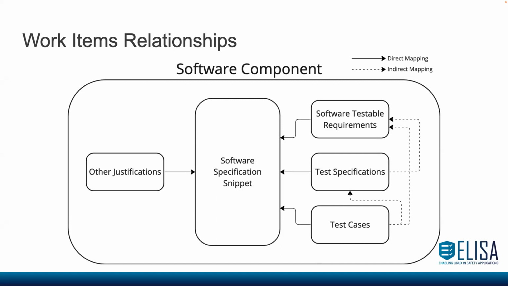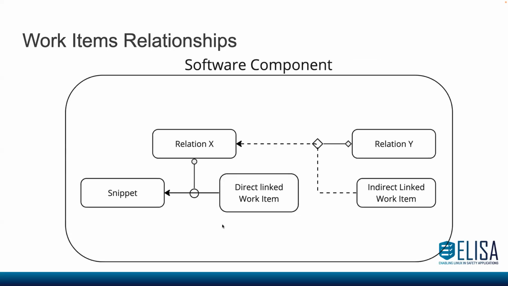For example, we can have a test specification connected to a software requirement that is mapped against a snippet of the software specification. In Basil, such relationships are not generating a link from one work item to another, but from a work item to the relationship of the top-level work item with its own parent.